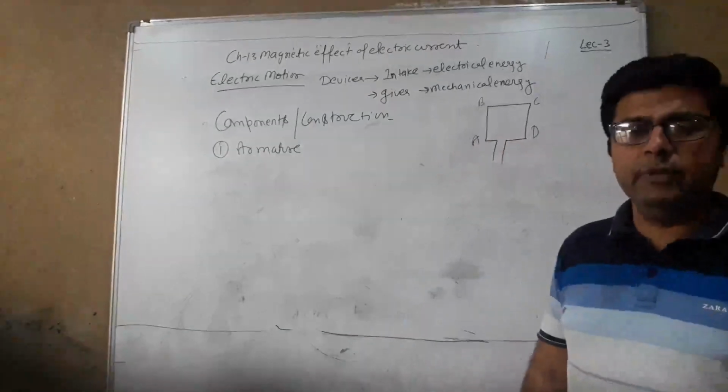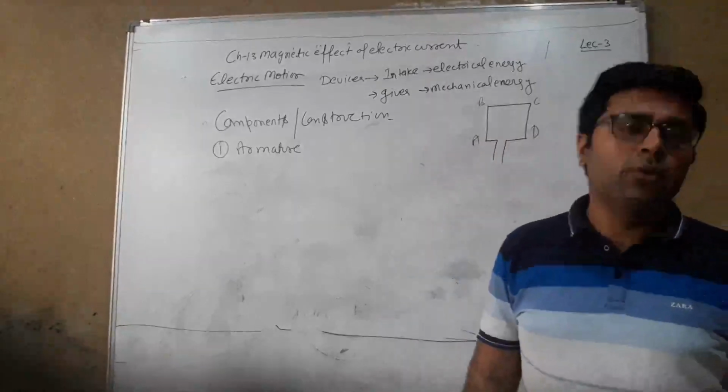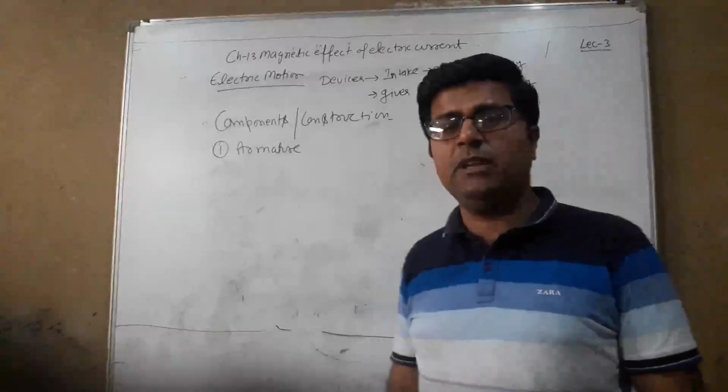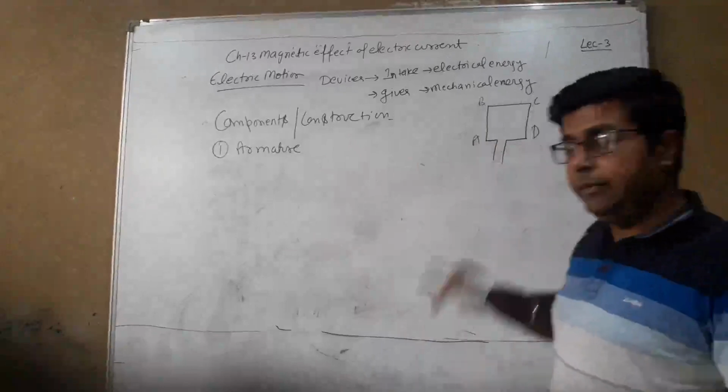You know it very well, because that conducting body becomes an electromagnet. We discussed the same in our solenoid part. So this is known as our armature.